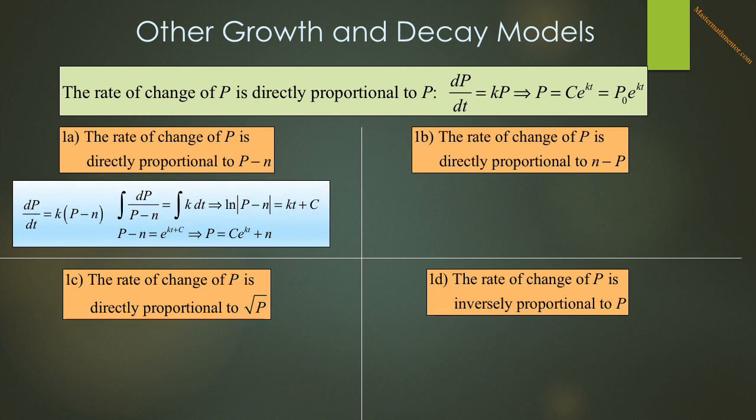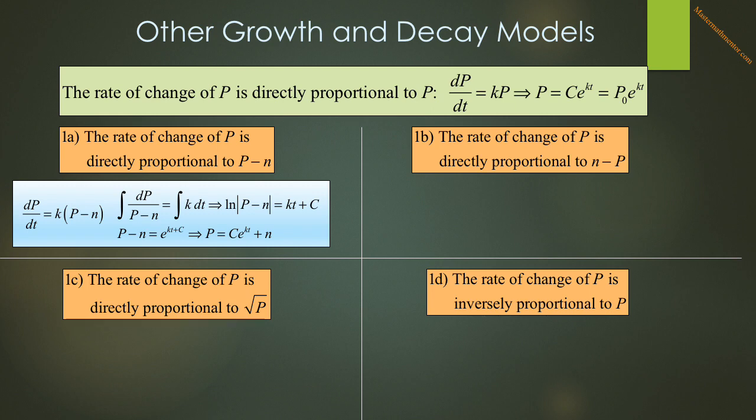1a reads, the rate of change of P is directly proportional to P minus n, where n is a constant. The differential equation is dP/dt equals k times the quantity P minus n. Separating, we get dP over P minus n is equal to k dt, and since we are separated, we can integrate both sides.